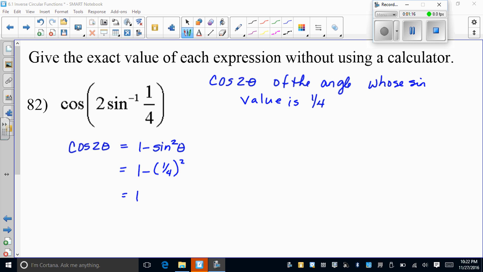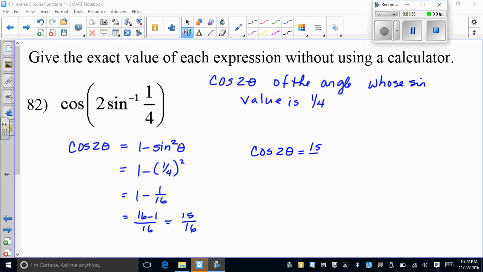So if I change this so we have a common denominator, it's 16 minus 1 over 16, which gives us 15/16. So the cosine of 2 theta is 15/16.